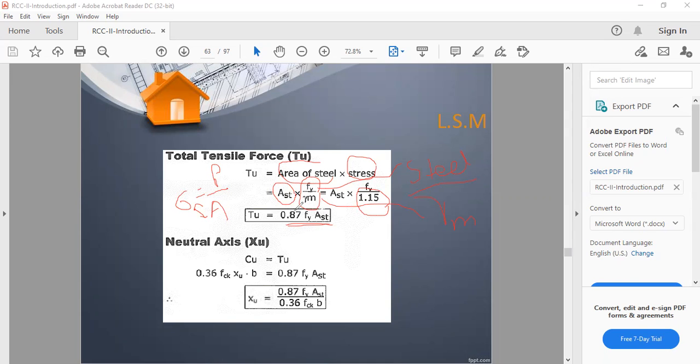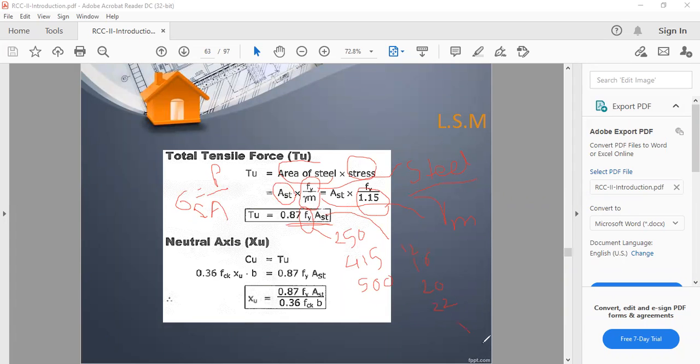So the tensile force depends upon which steel you are going to consider, whether it is Fe 250 grade of steel, 415 grade, or 500 grade of steel. And apart from that, what is the AST? It depends on which diameter of bar you are going to apply, whether it is 12 mm, 16 mm, 20 mm, 22 mm.